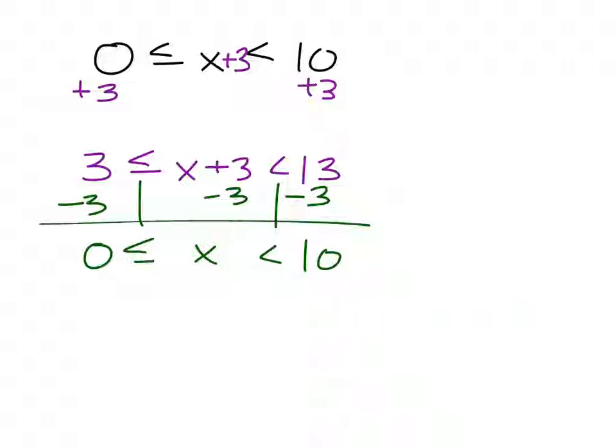So that means that all of the values that make the purple one true would make the original one true as well. And again, that's because all we've done is performed a principle of equality. They are communicating the same thing, and they're equivalent, but they're shown very differently.